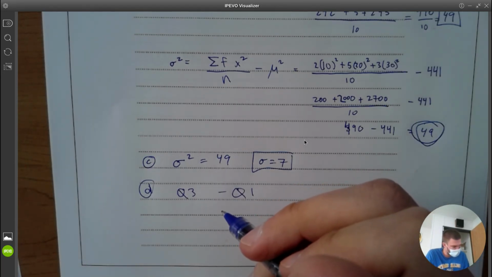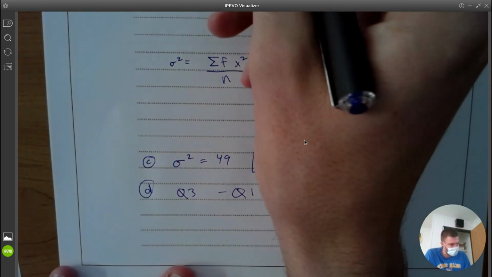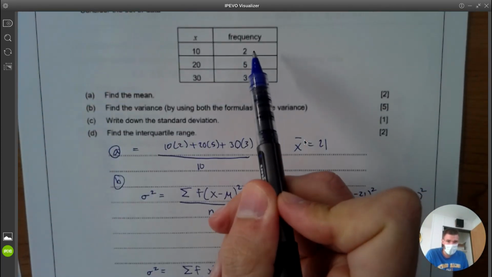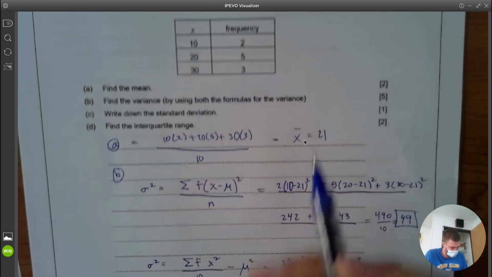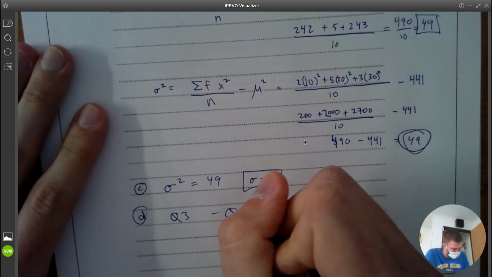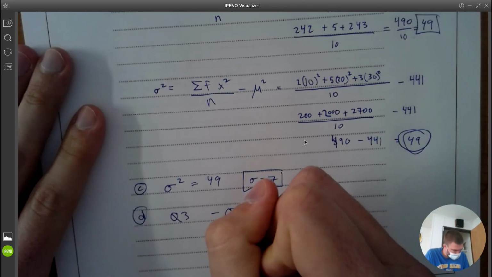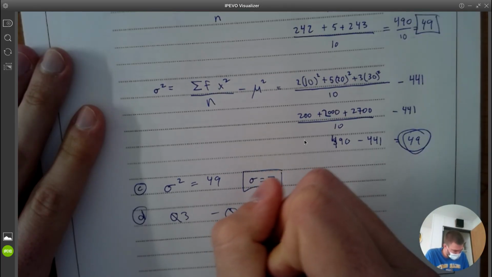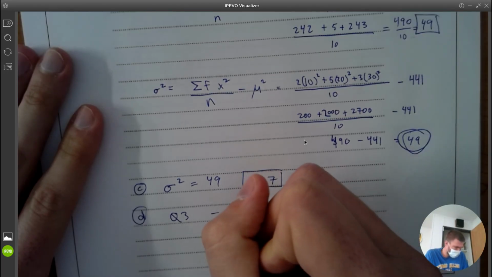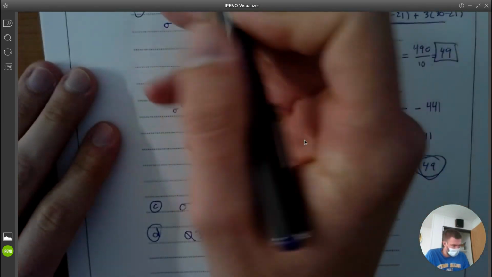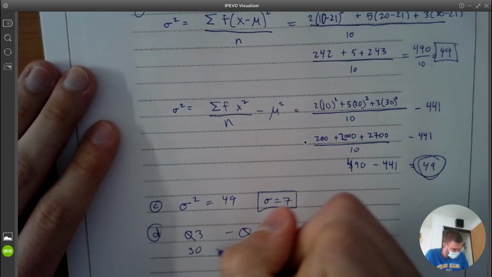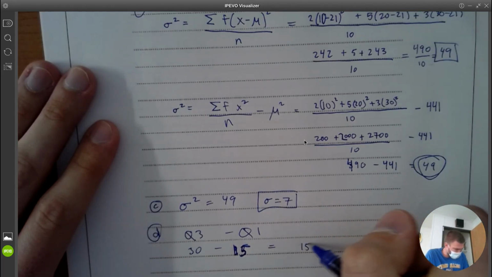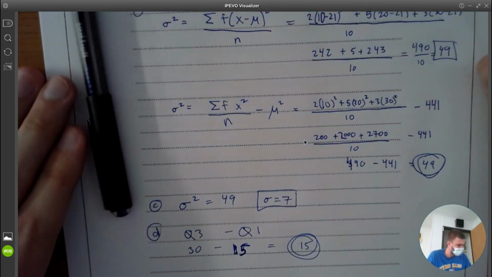When I go to get the 2.5, I notice that it switches after 2 from being 10, 10, 20. So I think that my Q1 is going to be 15. And my Q3, because I see 3 of those, is going to be 30.